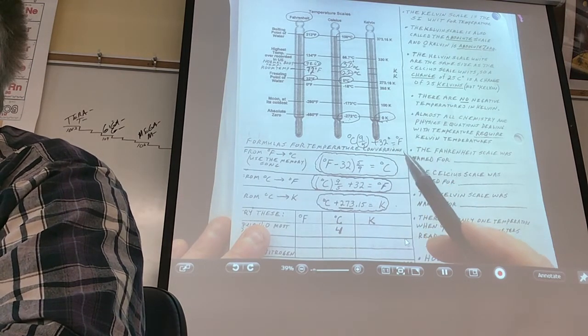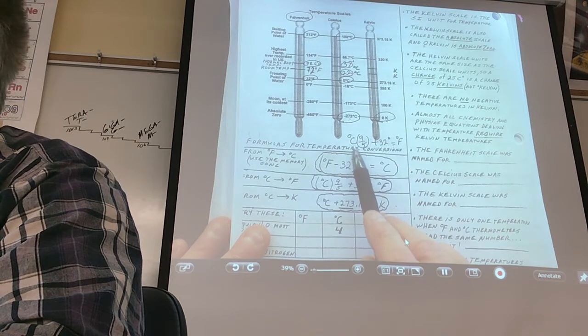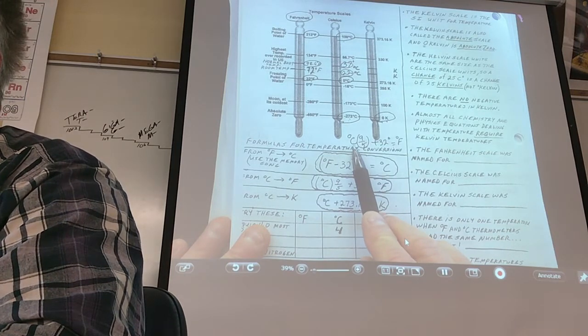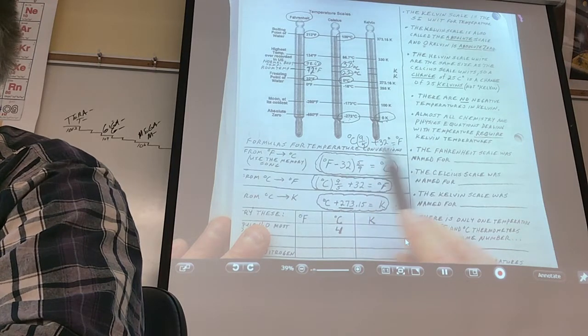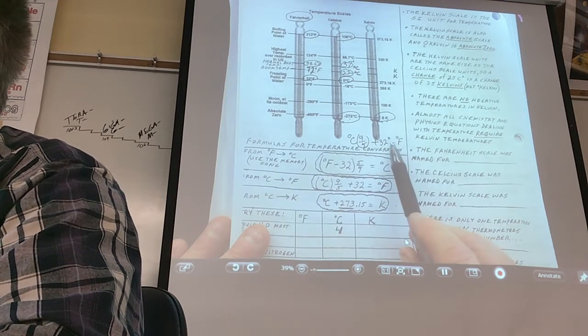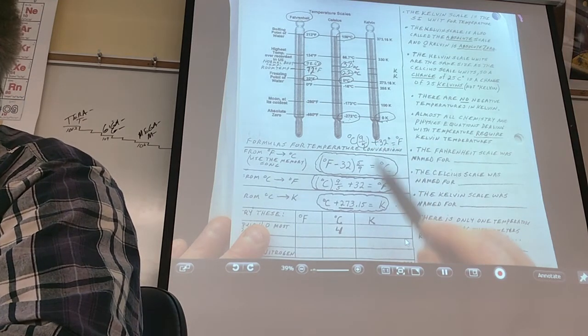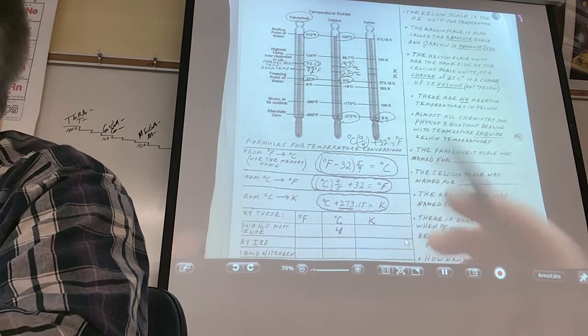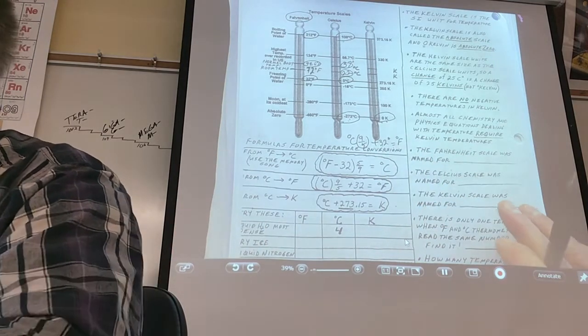Let's do 37 degrees Celsius times 9/5 plus 32. Ooh, it works, doesn't it? So if you weren't sure that you memorized these the right way, you have some little markers you can use to test it out.